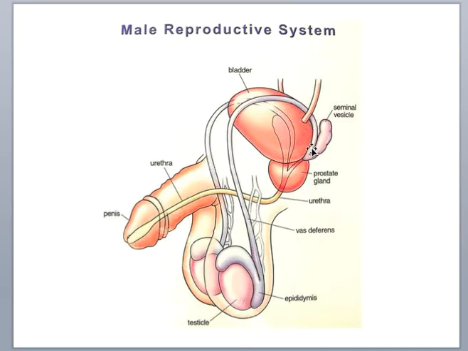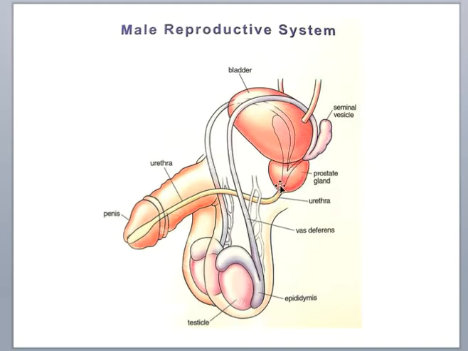So sperm from the vas deferens and then fructose and prostaglandins from the seminal vesicles will enter into this duct right here. There's one on each side. This is the ejaculatory duct, and the ejaculatory ducts dump their contents into the urethra. And the urethra comes off the inferior side of the bladder.